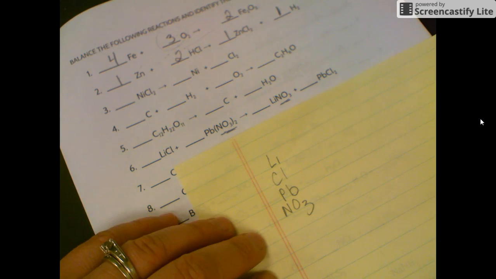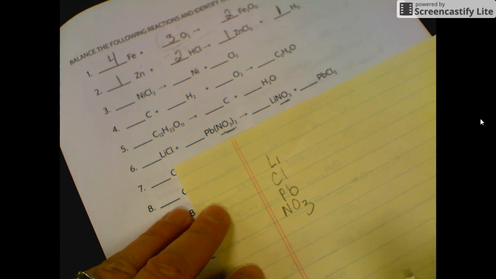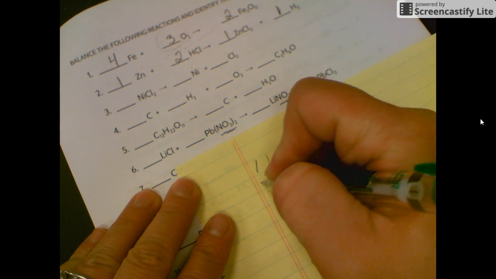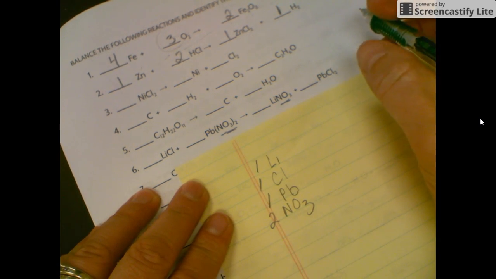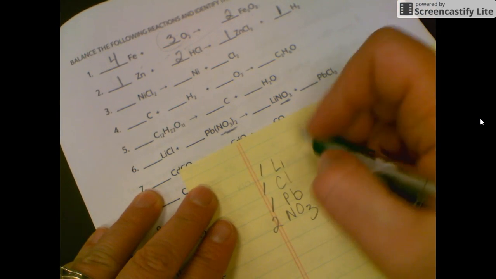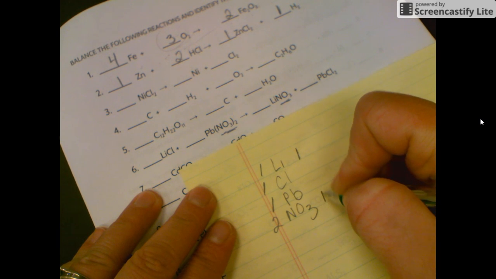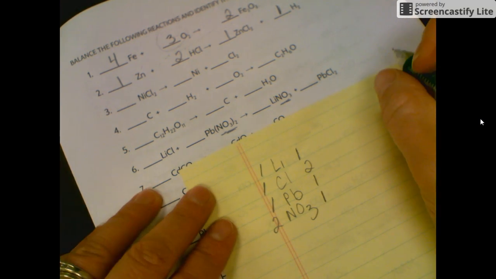I'm going to, because it's so much easier to balance them. So I have 1 lithium, 1 chlorine, 1 lead, and 2 packages of NO3. On the right-hand side, I have 1 lithium, 1 nitrate, 1 lead, and 2 chlorines.